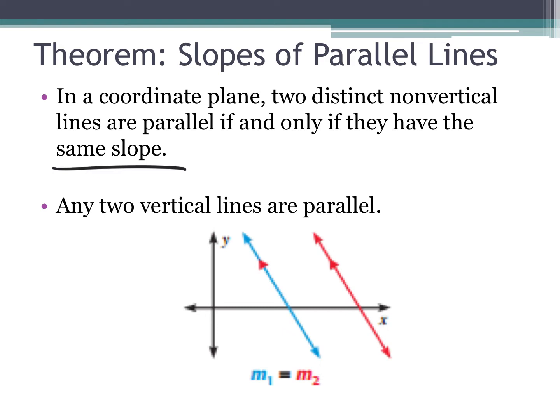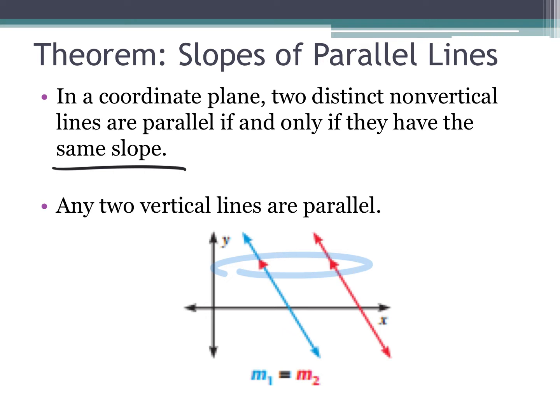So parallel lines will always have the same slope. Remember, parallel lines are two lines that go on forever and never intersect. Remember, the indicator on a diagram that lines are parallel are these arrows. So parallel lines will always have the same slope.